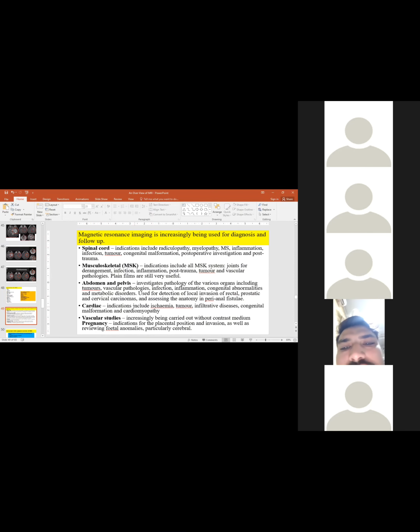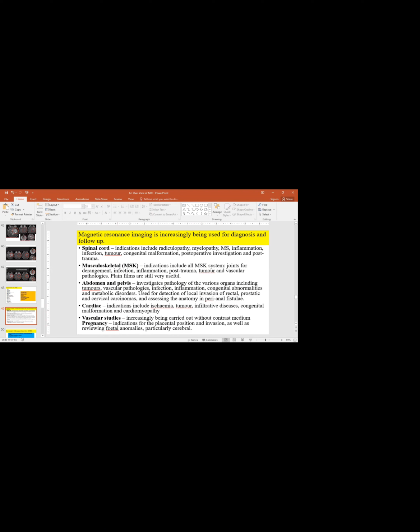We can do it even in cardiac, in ischemia, tumors, infiltrative disease, congenital malformation, vascular studies, and even in pregnancy. As I have already told you, the magnetic resonance, basically the magnet, is not harmful to the body. So we can use MRI even in pregnancy.